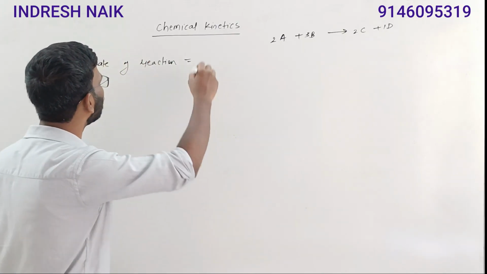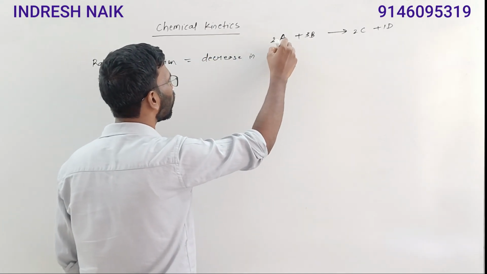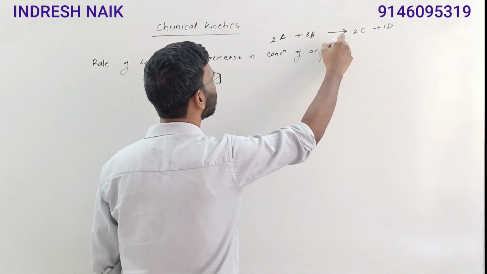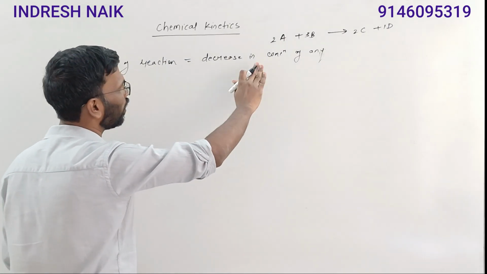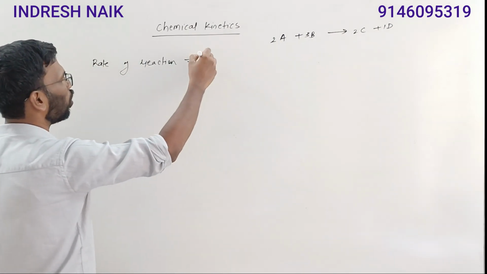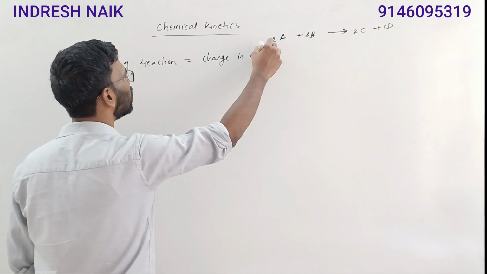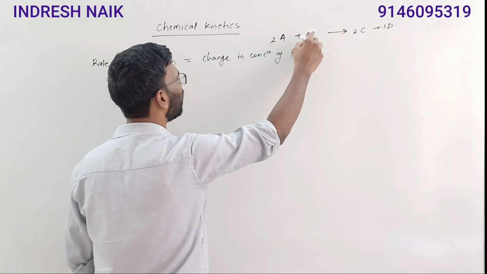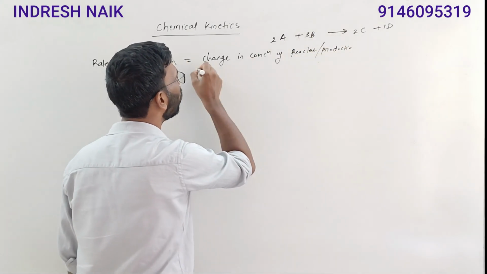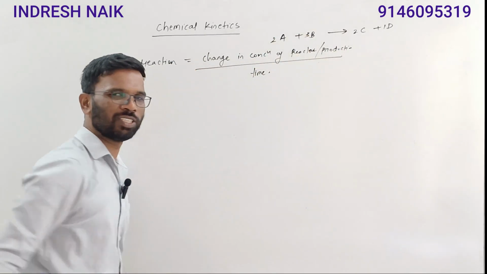Means we can write rate of reaction is change in concentration of any one of the reactants or any one of the products upon time. This is a short and sweet definition.